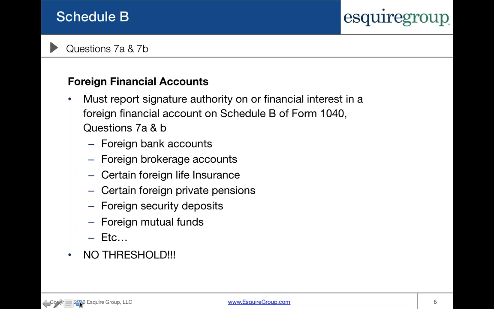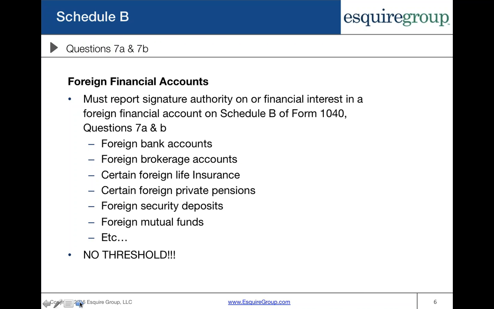And the criteria for whether or not you mark yes or no to question 7A is the exact same criteria as for filing an FBAR, but without the $10,000 threshold. Question 7A essentially asks whether or not you have signature authority on or a financial interest in a foreign financial account. If the answer is yes, then you have to check yes to 7A.